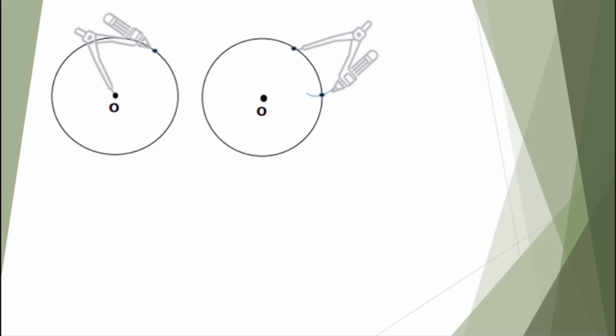Therefore, your goal is to place 6 points around the circle that are the same distance apart from one another as the radius of the circle. Keep your compass open to the same width as the radius of the circle and make one new mark on the circle.